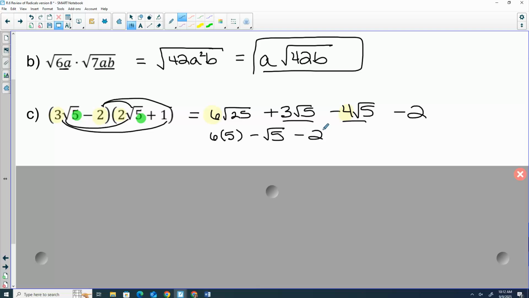And then we have the minus 2 on the end. So 6 times 5 is 30, minus the square root of 5 minus 2. Combine like terms, 30 minus 2 is 28. 28 minus the square root of 5.